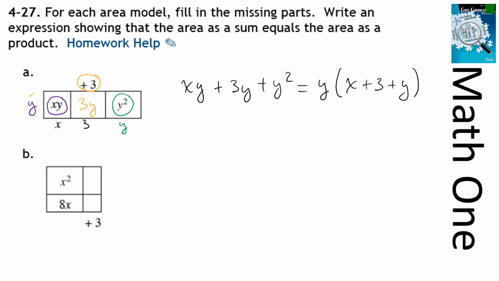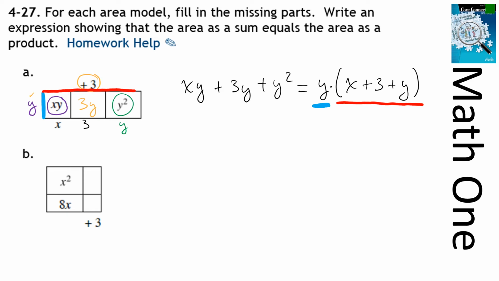Now again, it's not terribly intuitive, as we're starting out, why this is happening or what exactly is going on. But just to kind of bring this home, one of my dimensions is y, and you can see that's reflected right here. I'm multiplying y times my other dimension, which is x plus 3 plus y. And right here you can see the x plus 3 plus y.